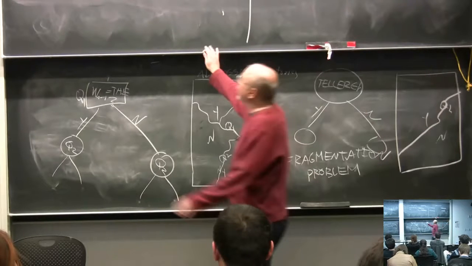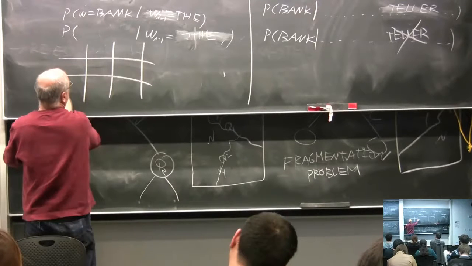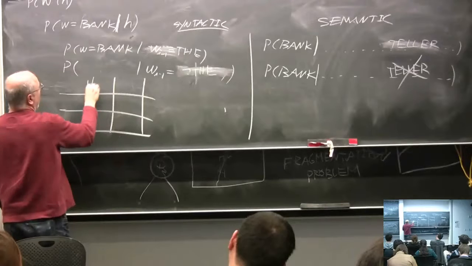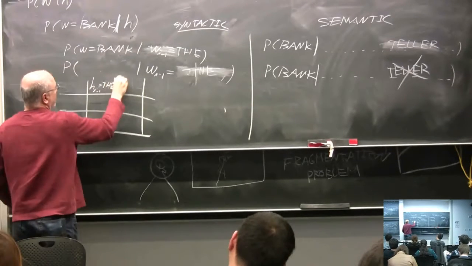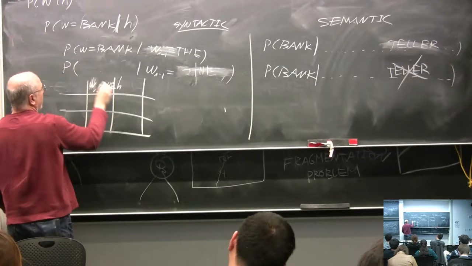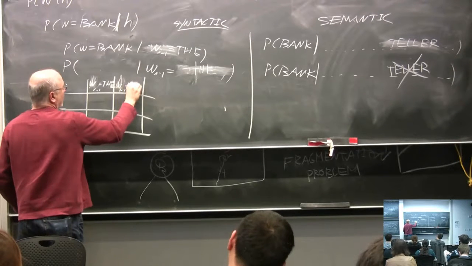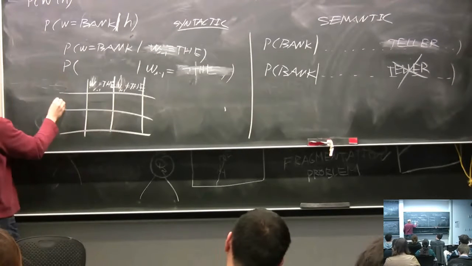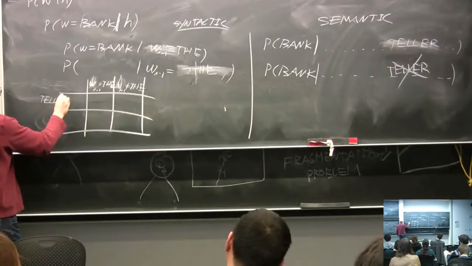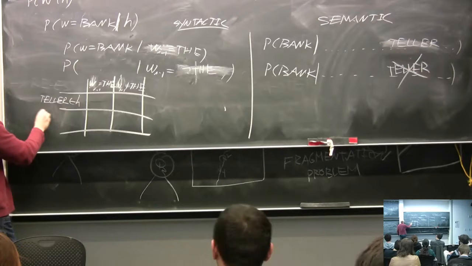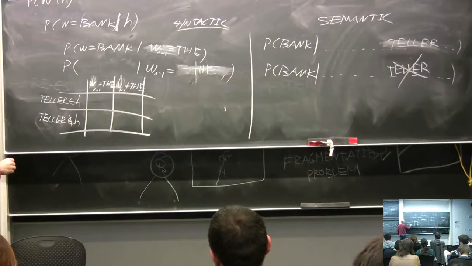It's like building a table. Here it says w i minus 1 is the, and here it says w i minus 1 is not the. Here it says teller is in the history, and here it says teller is not in the history.